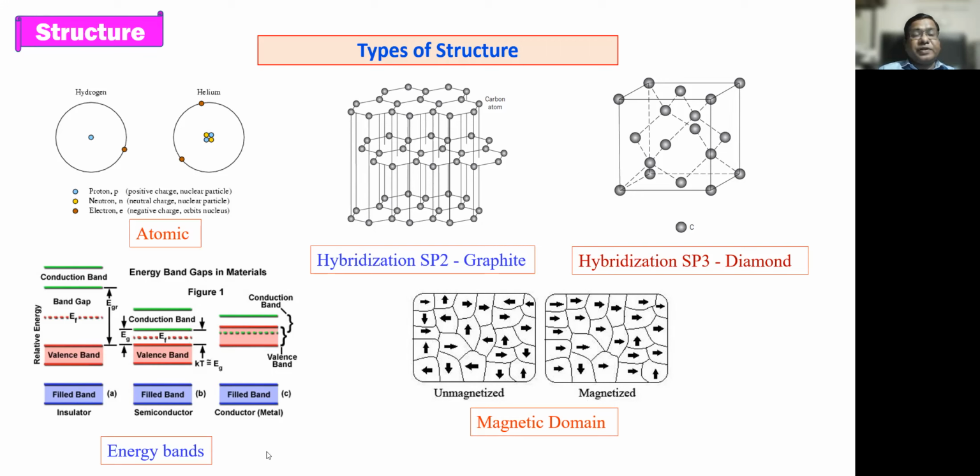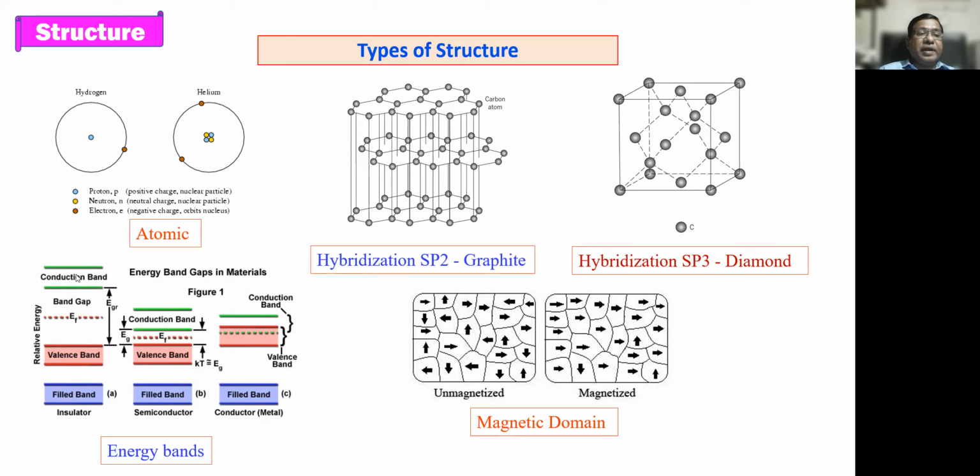So energy band structure basically defines the behavior of materials, whether they are insulators to heat and electricity, whether they are semiconductors, and whether they are conductors of electricity and heat. This structure is explained by three different bands. One is the conduction band.